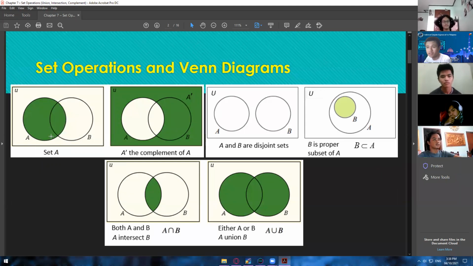Since we're talking about set A only, we just shade set A. Then A with a single apostrophe is the complement, or the opposite, of this set. The opposite of set A is everything except A itself, which is why everything else is shaded: the universal set U, this entire rectangle, except set A itself. So this is A complement, or the complement of A.